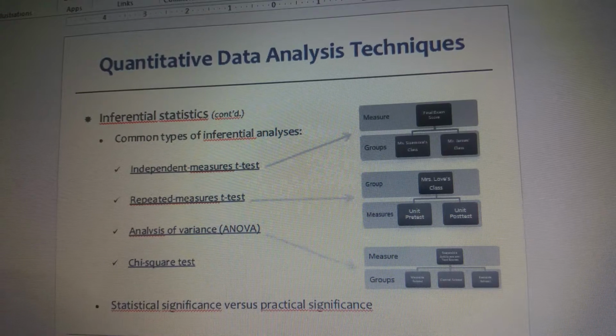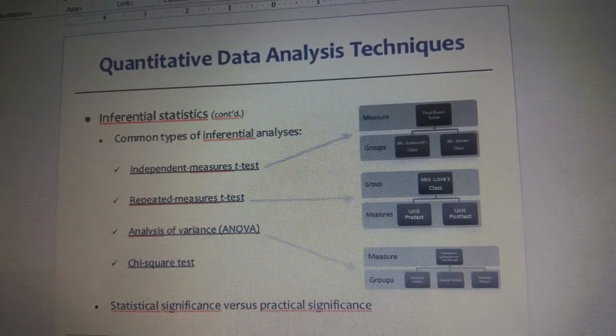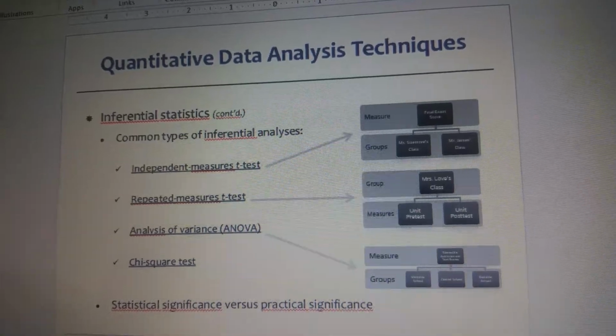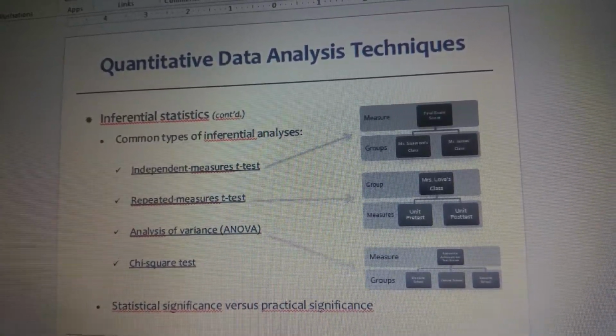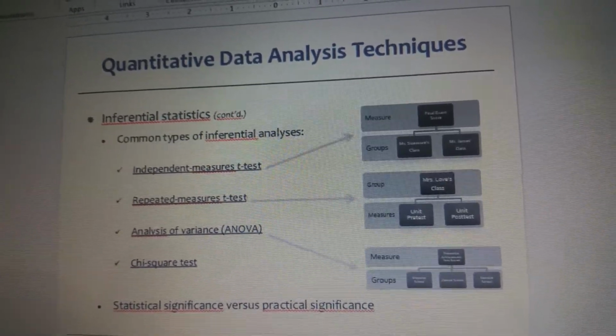So it is statistically significant, but the correlation is .25. Statistically it is significant, but practically it is not, because the correlation is low. It is not strong. There is a correlation, but this correlation is low. So it is not a practically good result.